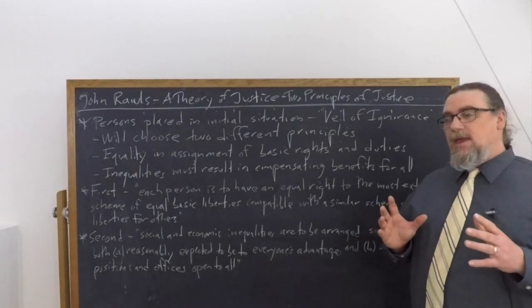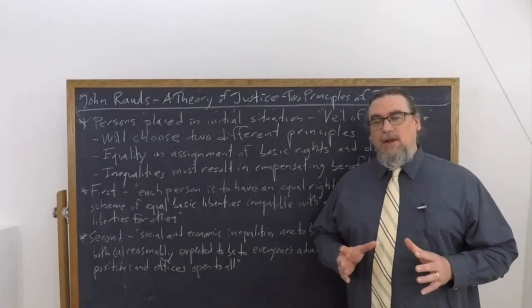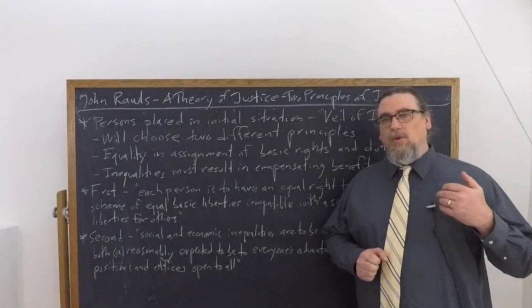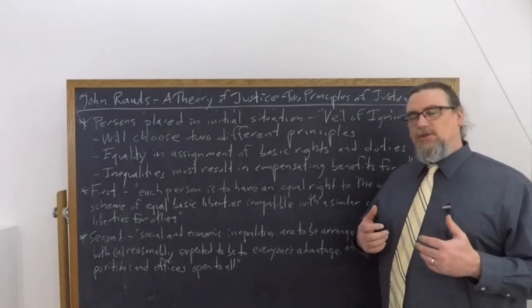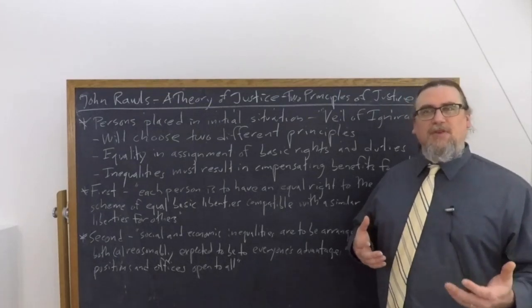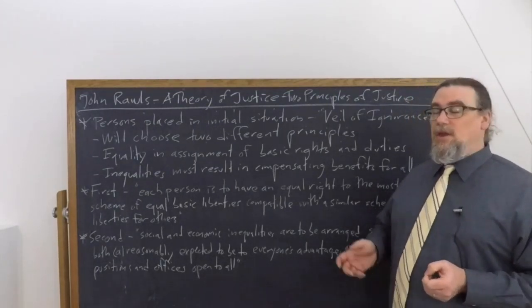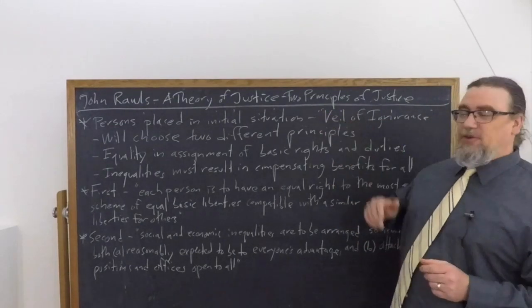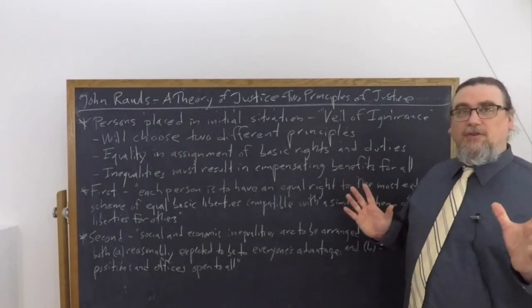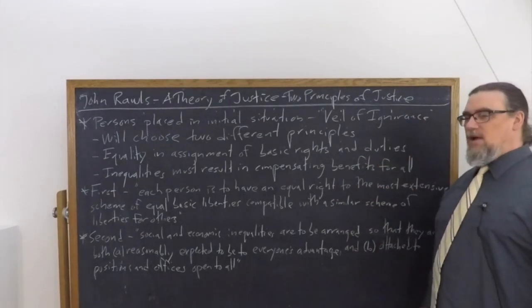And he sets things up in such a way that we're going to arrive at these principles by engaging in a sort of thought experiment or hypothetical situation. The original position or initial situation, he calls it, and it's associated with this term, the veil of ignorance.